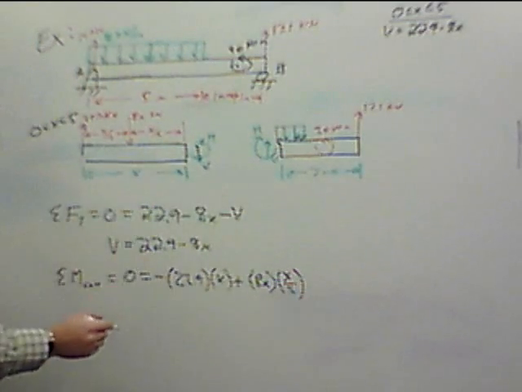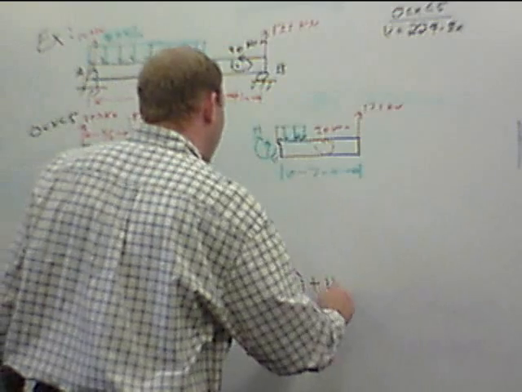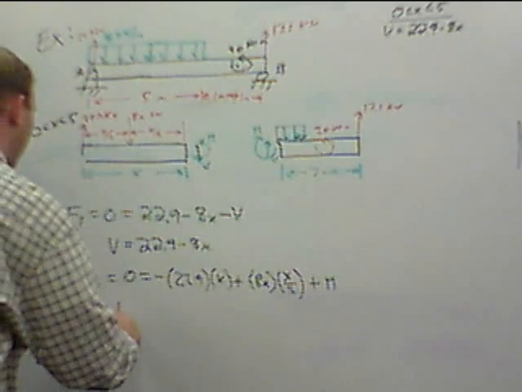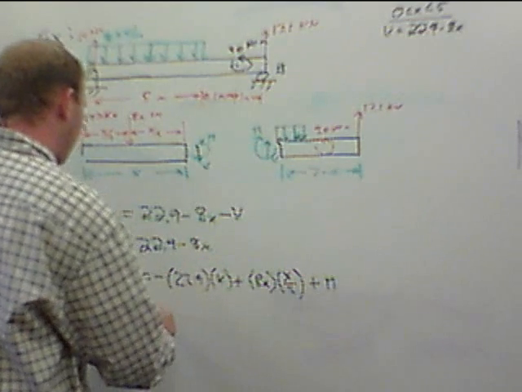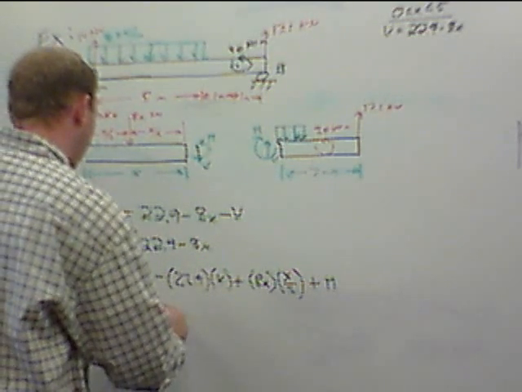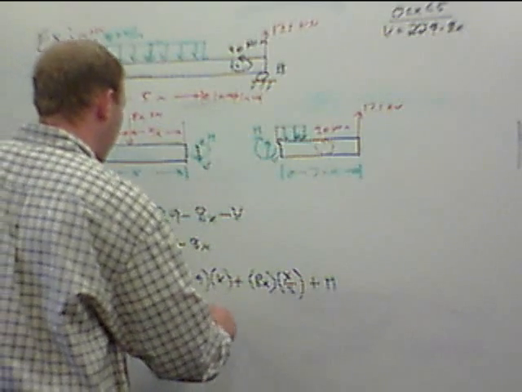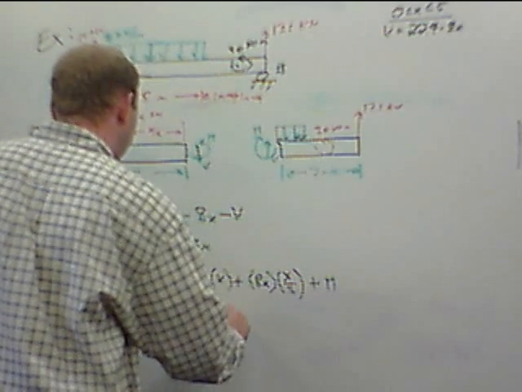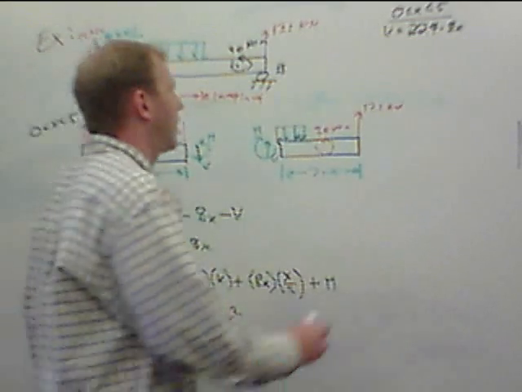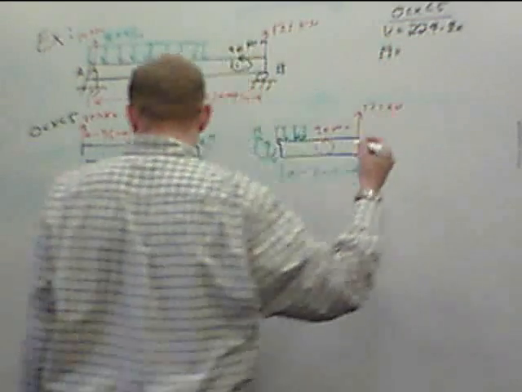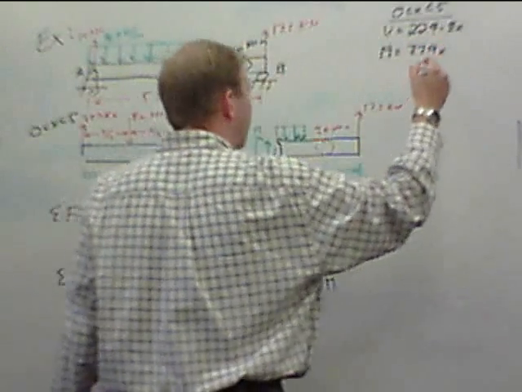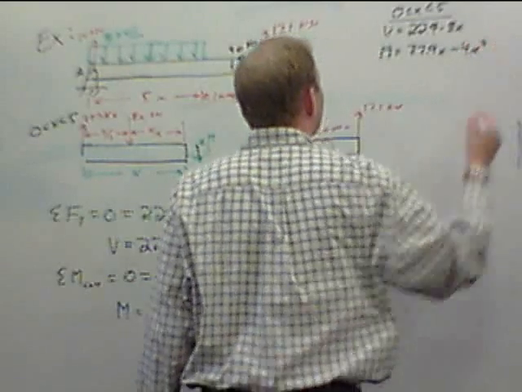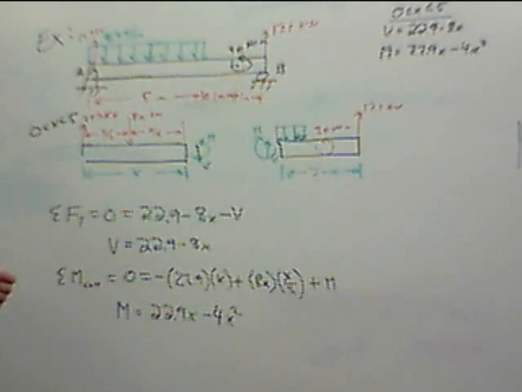V drops out because we're taking moment about that end, and we just have plus M. So now M equals, this is going to become positive, 22.9x minus 4x squared. So up here, M equals 22.9x minus 4x squared. That is our shear and moment here.